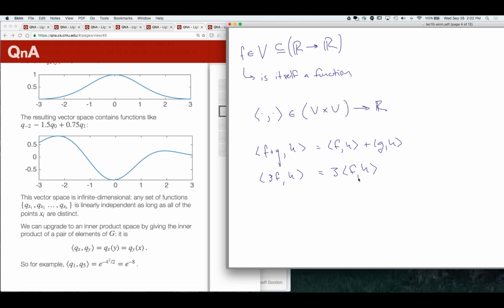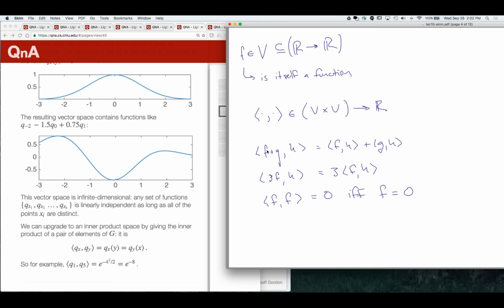And the other one is that the inner product of a vector with itself is equal to 0 if and only if the vector itself is the 0 vector. And so being an inner product just means satisfying these properties. It has to take two vectors as arguments, be linear in each argument while you hold the other one fixed, and the only way for the inner product of a vector with itself to be 0 is if that vector is itself the 0 vector.